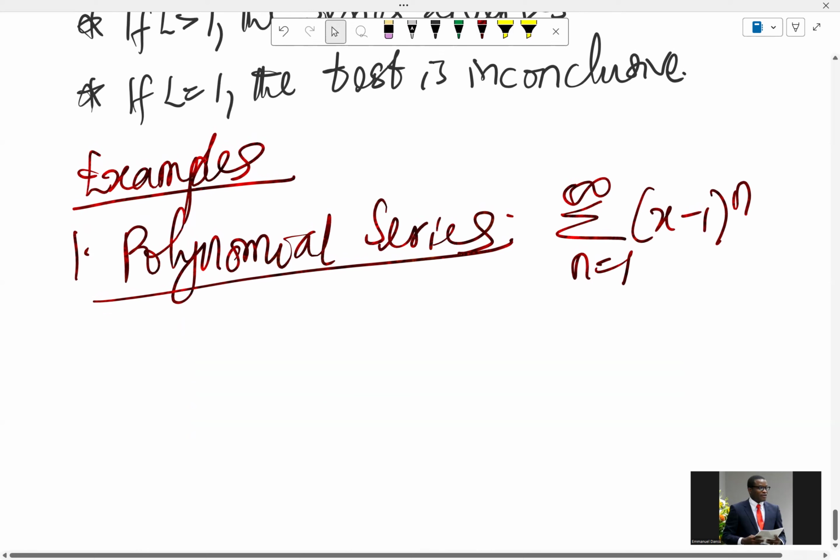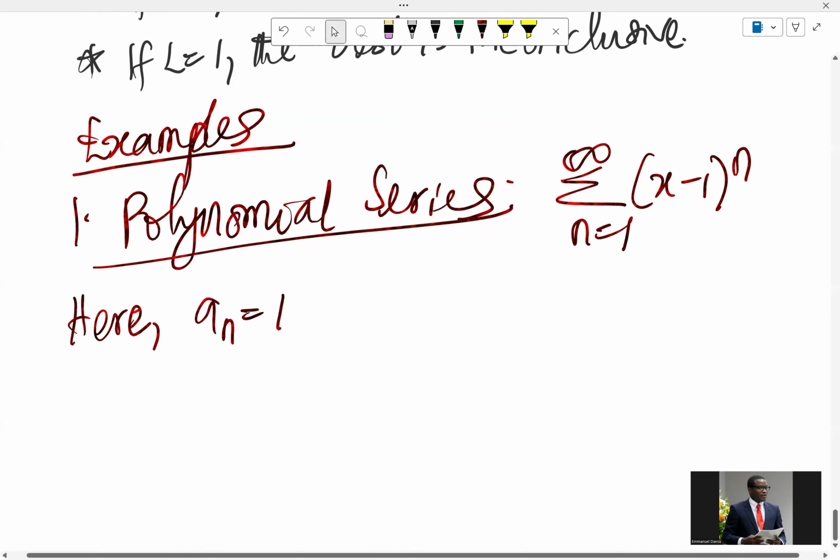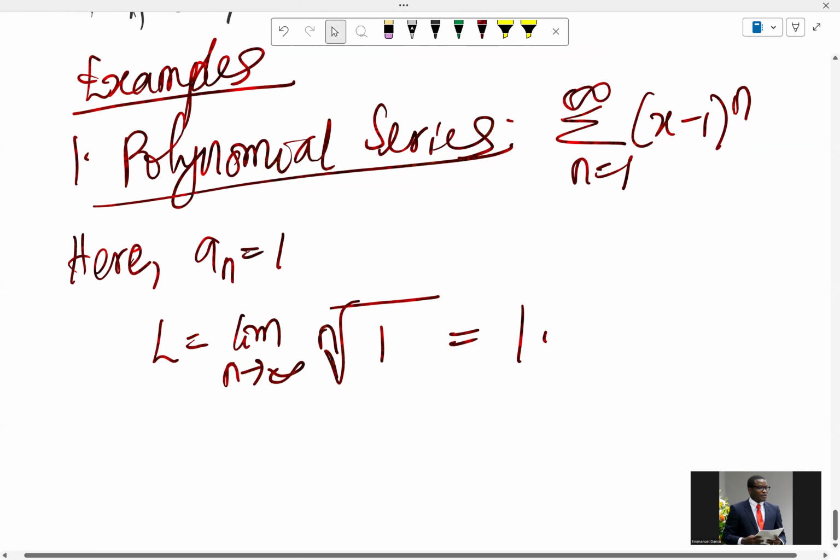So an is actually 1, and we are talking about the nth root of the coefficient. In that case, our limit will just be limit as n approaches infinity for the nth root of 1, which is simply 1. 1 raised by any number is always 1, and whatever root of 1 is always 1.